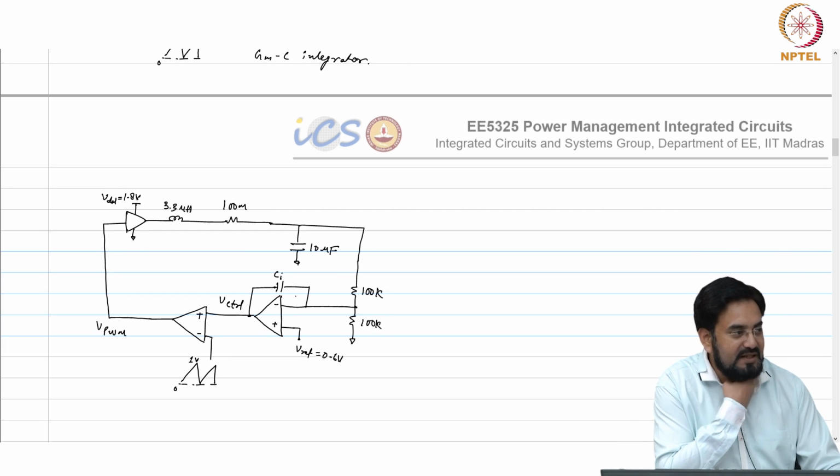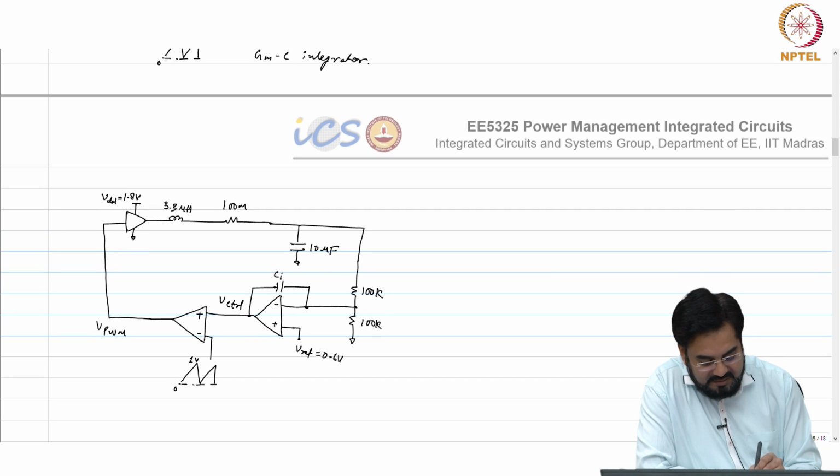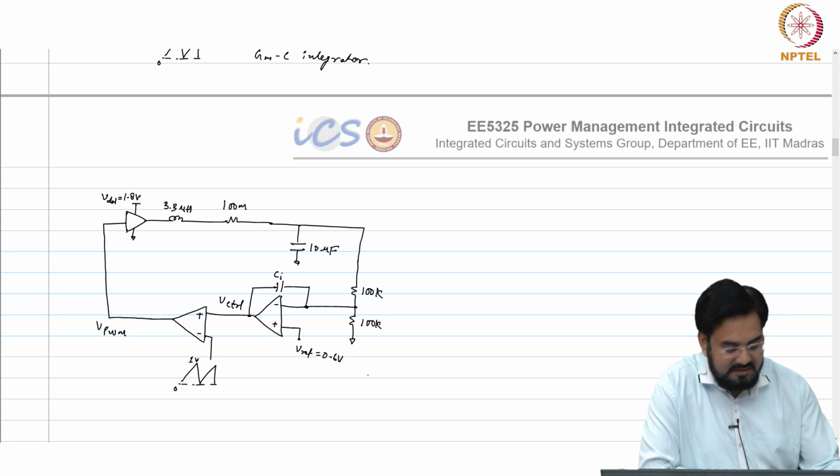If you do the loop gain analysis, is it half? So if you break the loop, what is this point? If you do a small signal analysis, what is this? So VREF is 0 for AC.